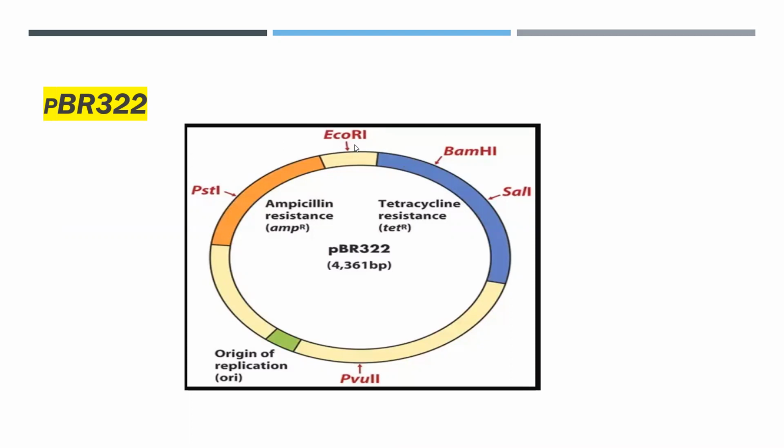Restriction endonucleases are one of the most important groups of enzymes for the manipulation of DNA. These are bacterial enzymes that can cut DNA from any source at specific sites.